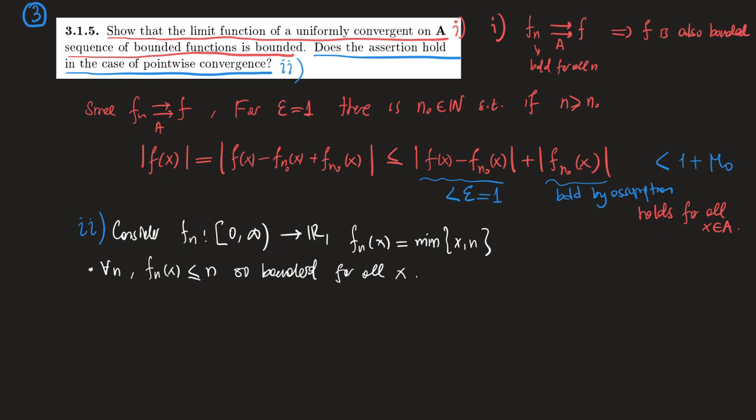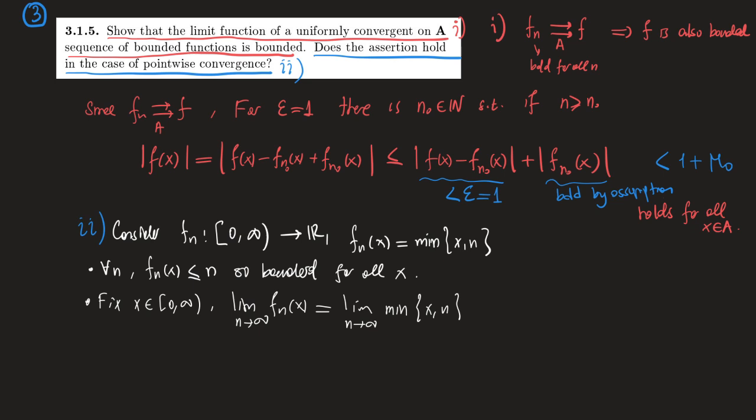So let us calculate the pointwise limit. Fix x in [0, infinity). Calculate the limit as n goes to infinity of f_n(x), the limit of min(x, n). Since x is fixed, after some point n exceeds x, by the Archimedean principle. Since n will be bigger than x, the minimum would be x.